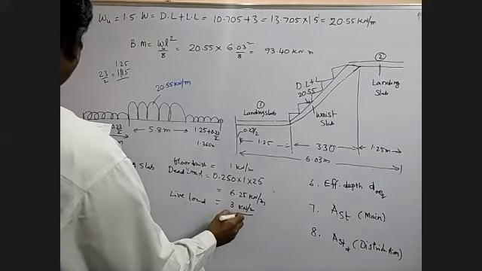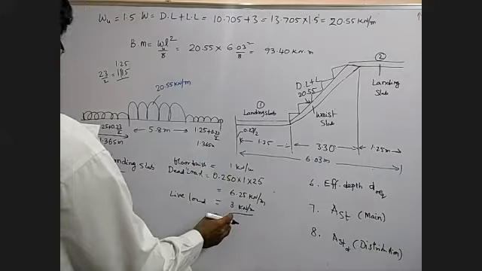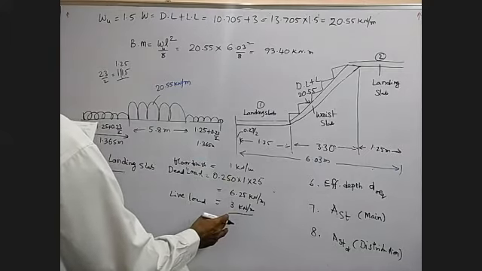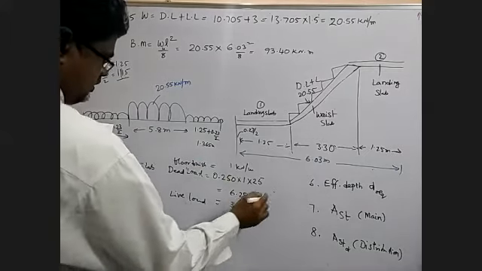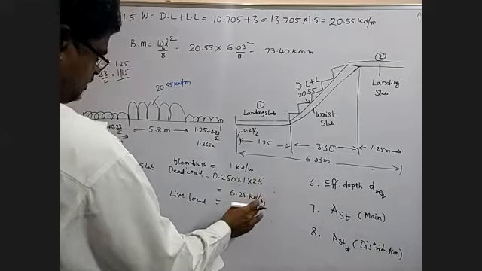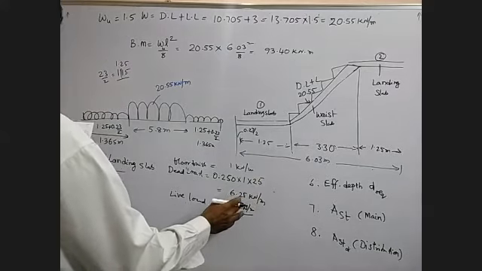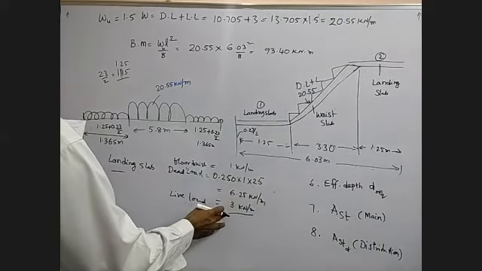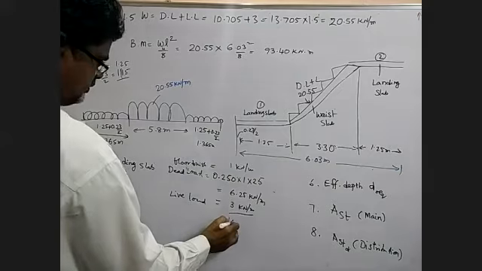So it comes to 6.25 plus 3 plus 1, which is 10.25.